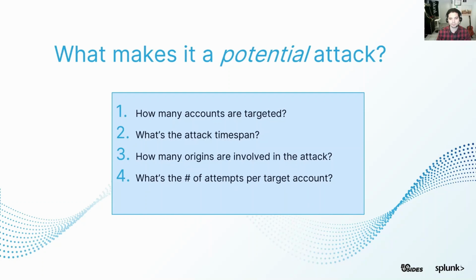What's the number of attempts per target account? This is basically the main threshold, right? How many failed attempts are happening towards the same targets? And I also need to know if there was a successful authentication among the failed authentication events.